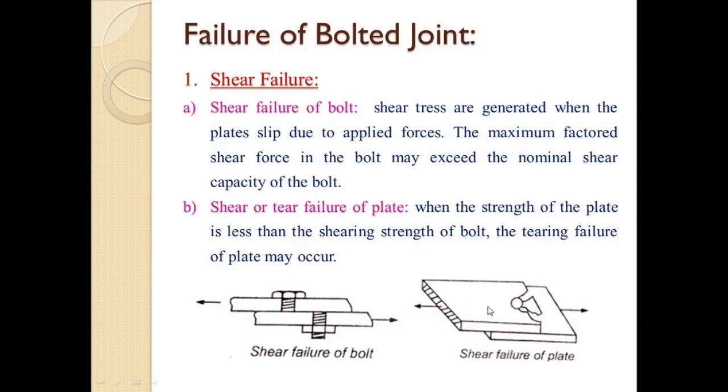If this plate has less strength compared to this bolt, then this type of failure happens. Or if the edge distance is less, meaning minimum edge distance is not provided, then also this type of failure happens. To avoid this failure, we should provide the minimum edge distance, or we can increase the thickness of the plate.